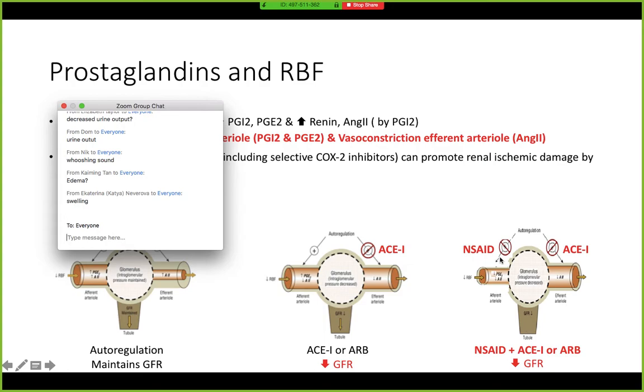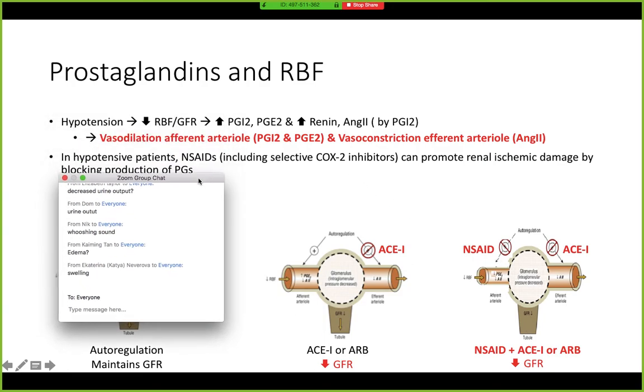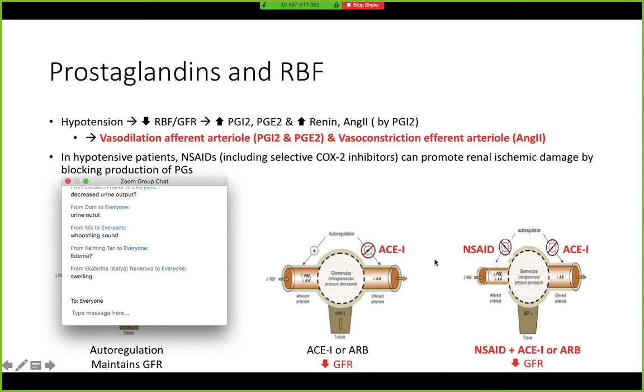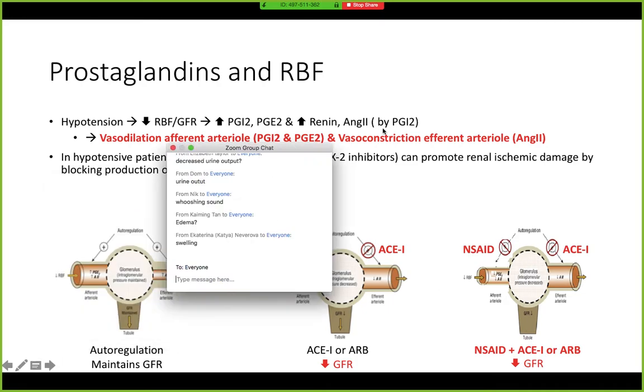And if you combine that with an NSAID, you're blocking vasodilation of the afferent arteriole, and you'll see a vasoconstriction instead. So, which, again, is going to lead to a decrease in GFR and potentially renal ischemia.